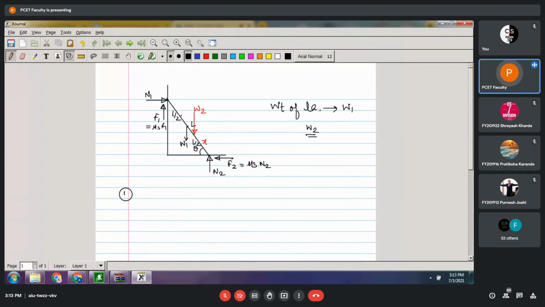Take down the first problem. For a very similar concept, I will just mention the values which I have written over here. I will read the problem. Just don't write anything, just the given data we will write over here. A 12-meter ladder, meaning my L is equal to 12 meter, that is the length of the ladder, is resting against a vertical wall, making a 30-degree angle with the wall.